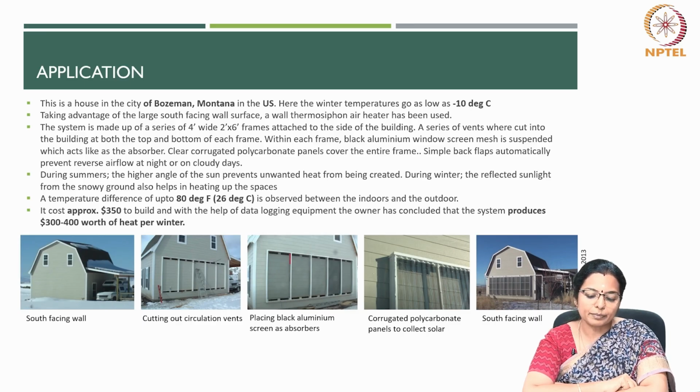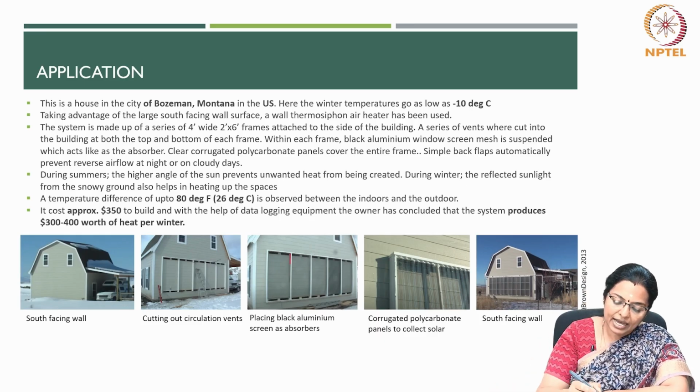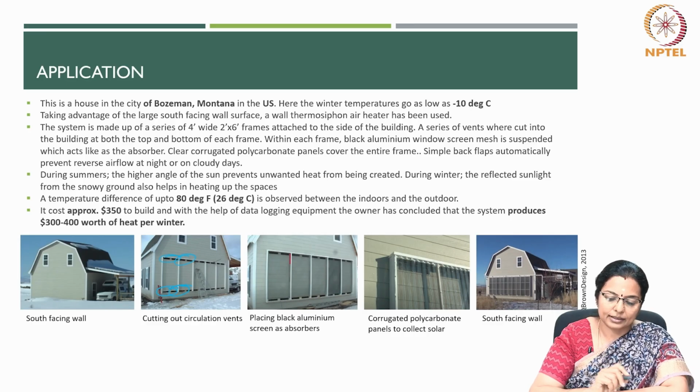The system is made up of a series of frames of 4 feet wide by 2 feet by 6 feet frames attached to the sides of the buildings. A series of vents were cut into the building at both the top and bottom of each frame as shown here. You can see how this is cut.